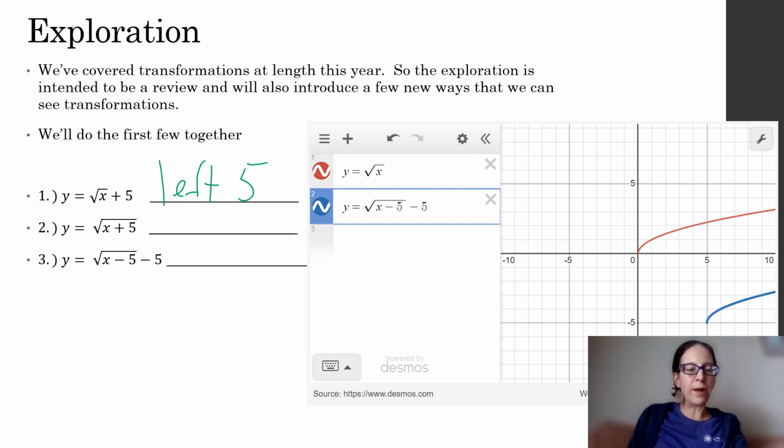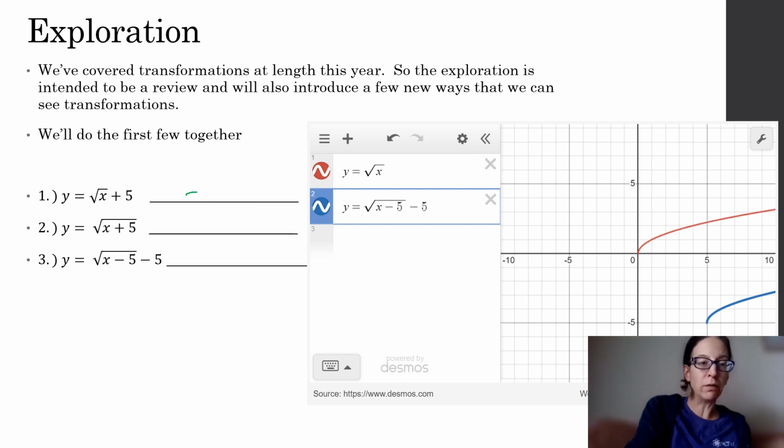Now, the next one is also y equals the square root of x plus 5, except on this one, the plus 5 is... I did them out of order. You're probably hollering at home, Miss Taylor, you didn't type it in right.